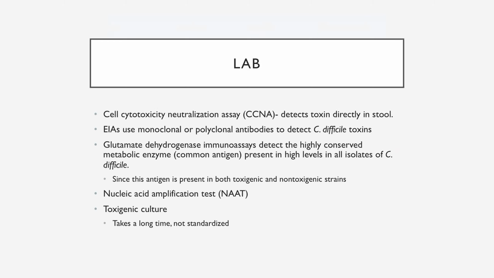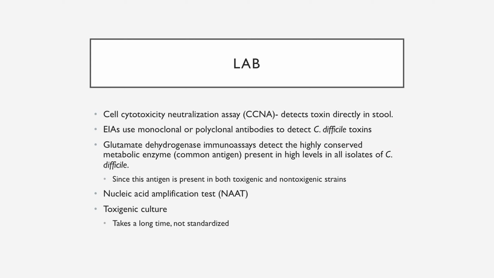Some of the tests you may see out there, cell cytotoxicity, neutralization assays. You can have your immunoassays. The glutamate dehydrogenase assay, immunoassay is a very common one. And this just looks at common antigens seen in all C. difficile species, not necessarily infectious ones. And then the NAAT, the nucleic amplification assay test, is also another common one to be paired with.